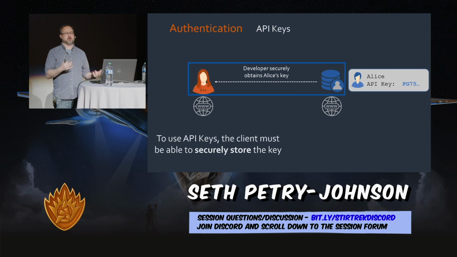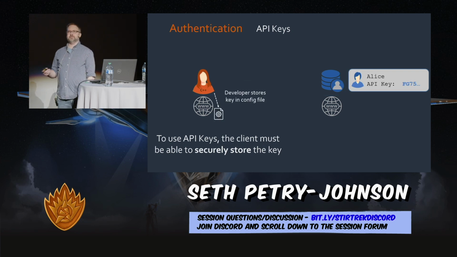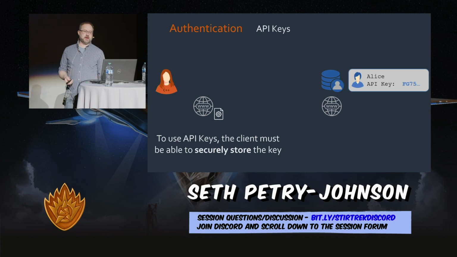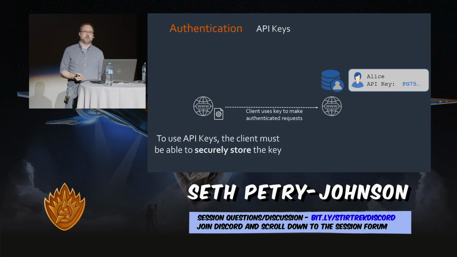Maybe it's over secure email, maybe they download it from our website, whatever. The point is, some person is responsible for obtaining that key in advance and then storing it on the client application, like in a configuration file. The client app can then use that key to sign requests, as a bearer token, or whatever it wants.